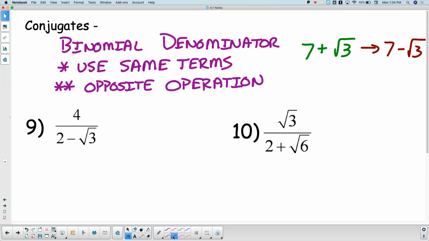Okay? So here now, the conjugate of the denominator is 2 plus the square root of 3. 2 plus the square root of 3 is not equal to 1. So when I multiply, I've got to multiply by 2 plus the square root of 3 over 2 plus the square root of 3.